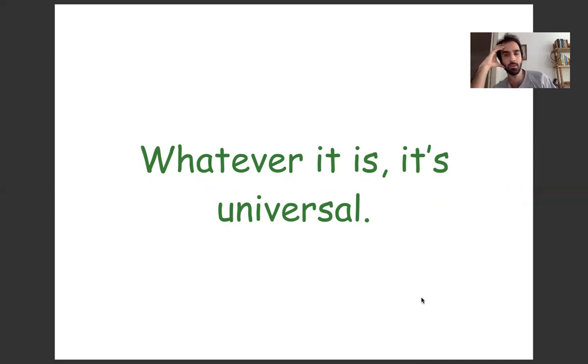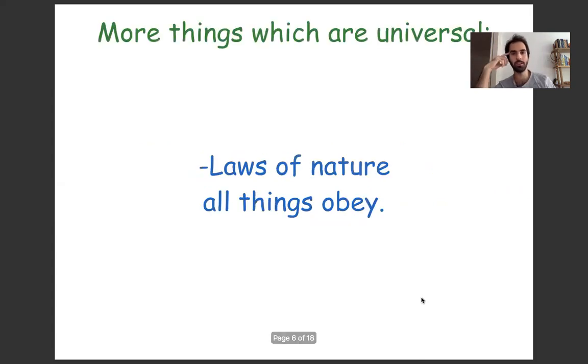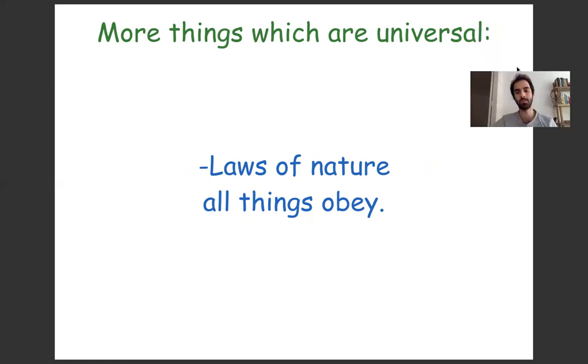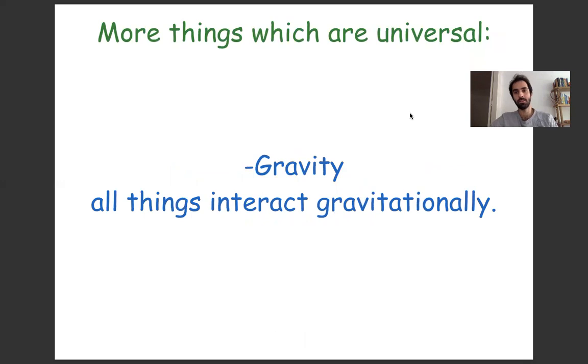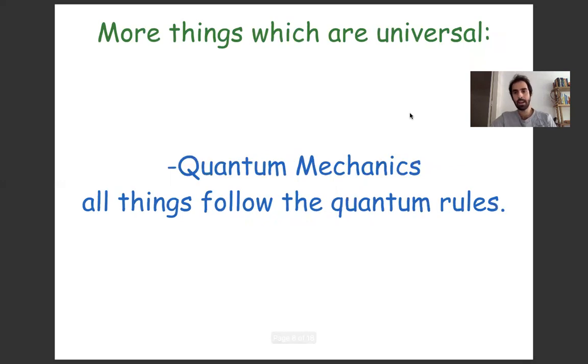Now, what is universal? I use this term sometimes, and I wanted to give you some ideas, at least in this initial moment, of what I mean by that. Examples of things which are universal: the laws of nature are universal. All things obey the laws of nature, right? Gravity is universal because all things interact gravitationally. Quantum mechanics is universal.